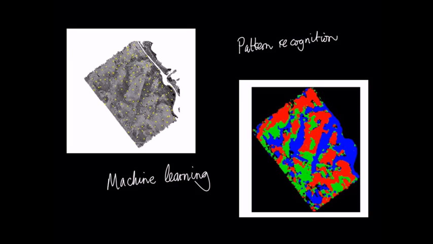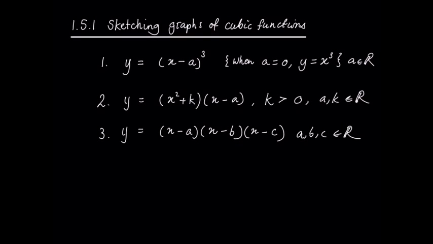Okay, let's get back to the theme of our lecture, and we'll start by considering some sketches of cubic graphs. You should be able to sketch the graph of a cubic function when it's expressed in factorized form. We'll look at 3 different cases of this. In the first case, the function is expressed as (x minus a) all cubed, and it has what's known as a triple root.